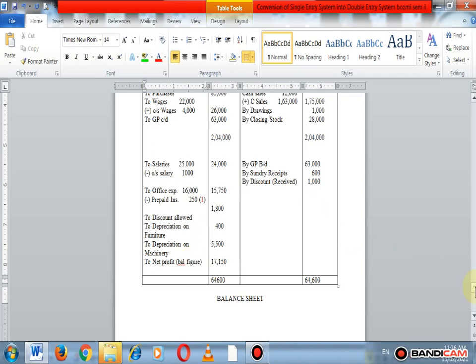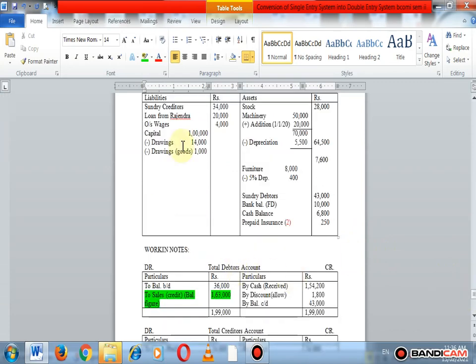transferred to capital. So here we add this profit in capital. So here net profit 17,150, and the total capital is equal to 1,02,150.